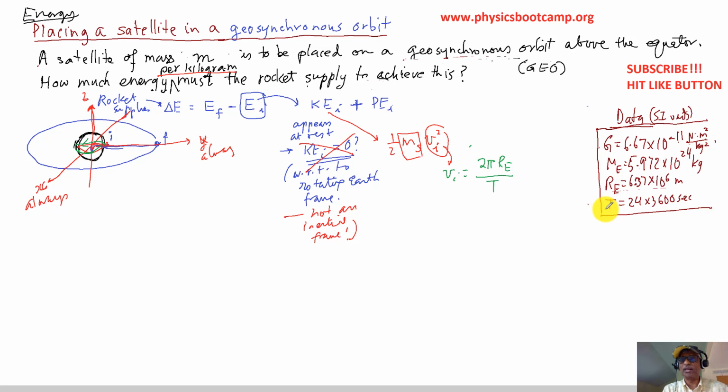T equals 1 day. So that's the time, 1 day, and the radius of the Earth is this much. So we figured that out. I'm not going to complete the calculation yet.